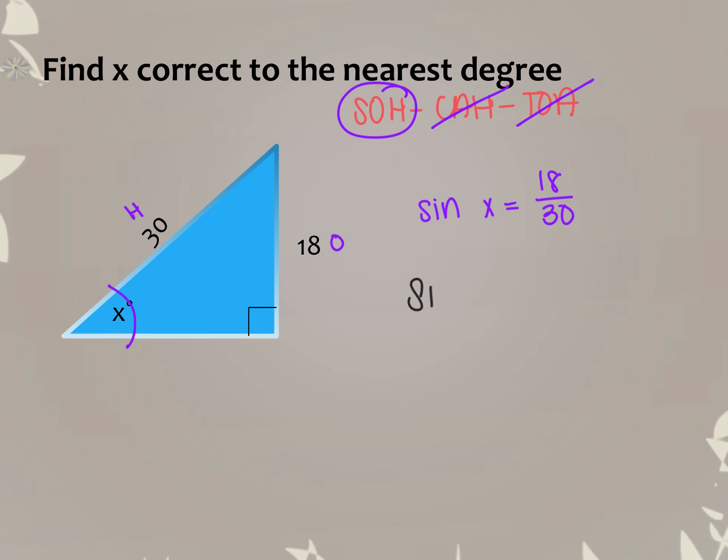So I'm going to use the inverse of sine, and then 18 over 30, that's what it should look like in your calculators. Go ahead and click enter. And rounding to the nearest degree, the nearest whole number, x is going to be how many degrees? What did we get for x? Yep, 37 degrees is my answer. Good job.